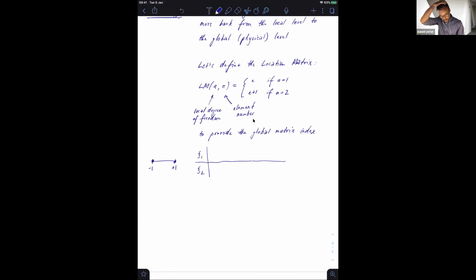And then if we define it this way, the location matrix, then this would be 1 for element 1. This would be 2, element 2. Then it continues, the next element would be 2 and 3. And so on, to have basically E and E plus 1 until we get to element n. And then there is no n plus 1 degree of freedom because of the boundary condition, so that's just 0.